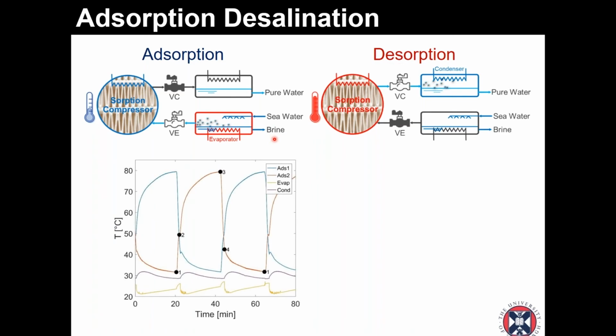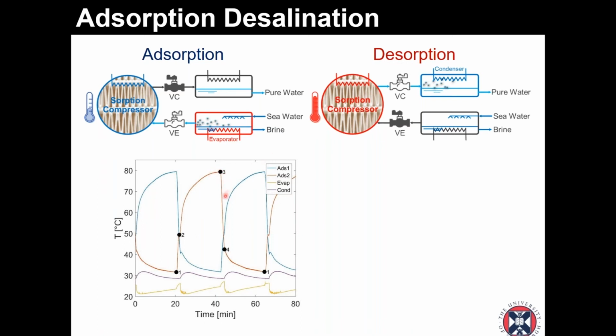So the system works according to 4 phases. This is the plot of the temperature evolution of the adsorption material. We start from 1, when the adsorption material is cold and full of water. Then we heat up to the point 3 until we have complete regeneration.